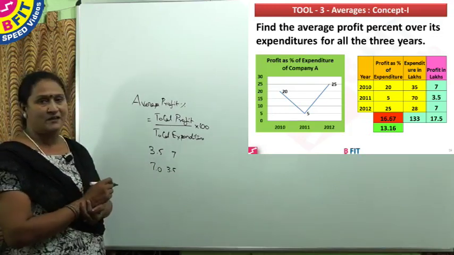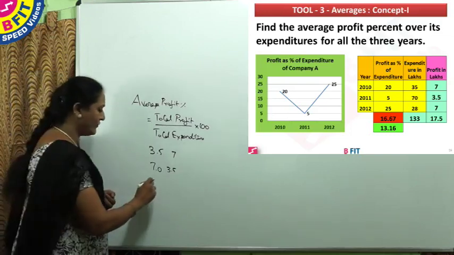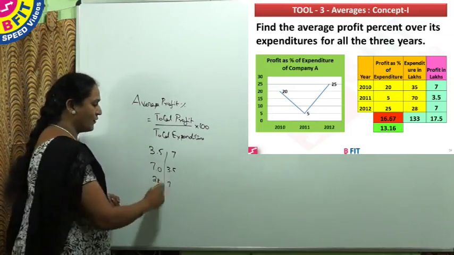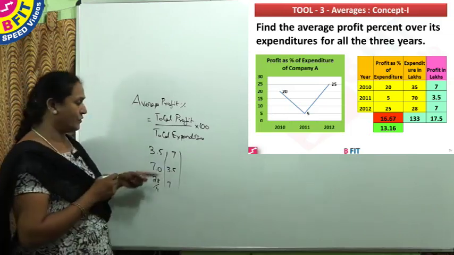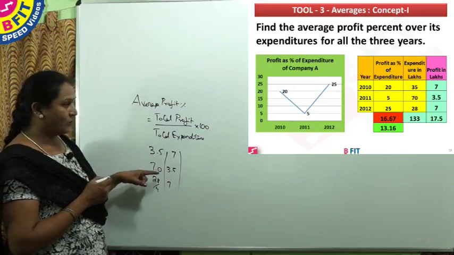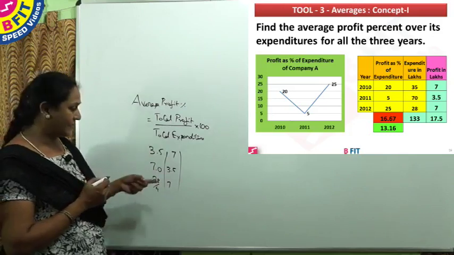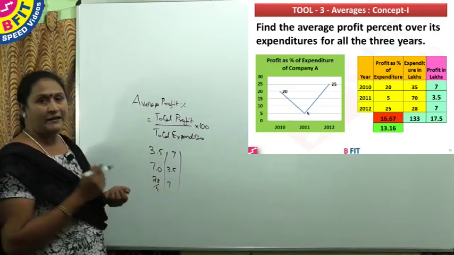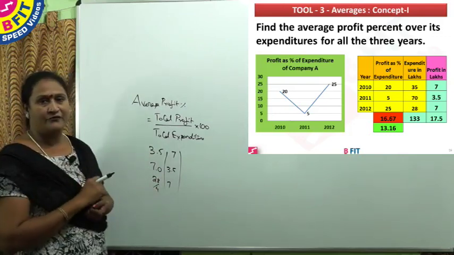So 25% means 1/4. 1/4 of 28. So dividing it by 4, we get 7. The actual profits are for 2010, 7, for 2011, 3.5 lakhs, and for 2012, it is 7 lakhs. So adding all these three, we get total profit is 17.5.